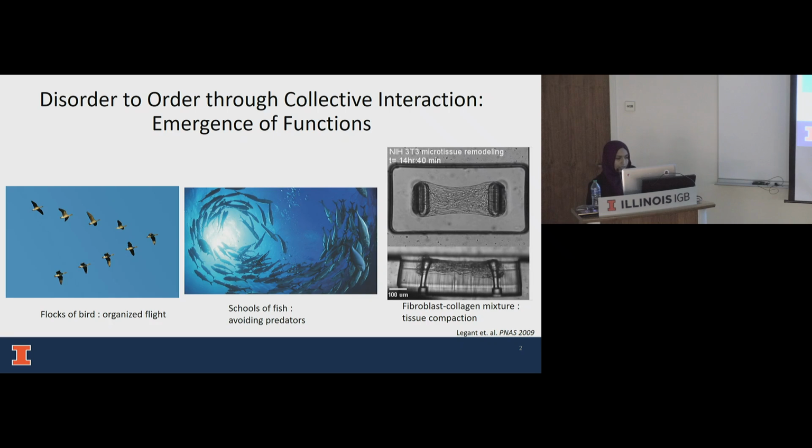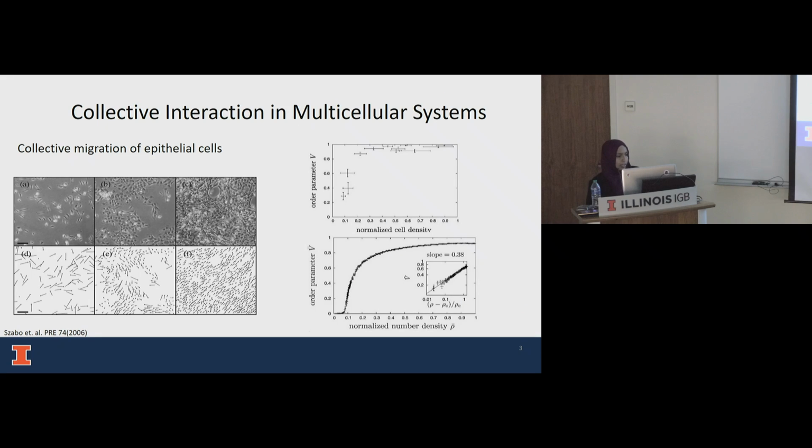Such cell-cell collective interaction is not limited to these in vitro fibroblast collagen systems. It is in fact prevalent in many types of cells in different functions. In this study, the authors showed the collective behavior of epithelial cells in terms of collective migration. They found that from randomly moving cells, an ordered pattern emerges and the cell clusters move collectively.